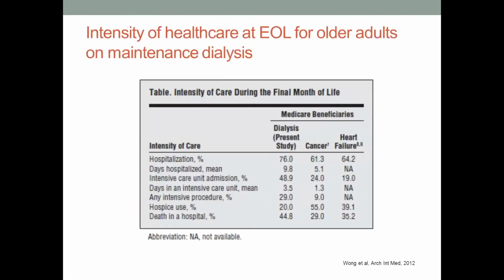Many of you may be aware of this data. This data is a little older than 5 years now, and really looked at the intensity of healthcare in the last month of life for patients who are on maintenance dialysis older than 65 years of age. And they compared them to patients with advanced cancer and advanced heart failure, and on virtually every metric, patients who are on dialysis had more hospitalizations, spent more time in the ICU, had more intensive procedures performed, less hospice use, and more death in the hospital compared to their counterparts with advanced cancer and advanced heart failure.